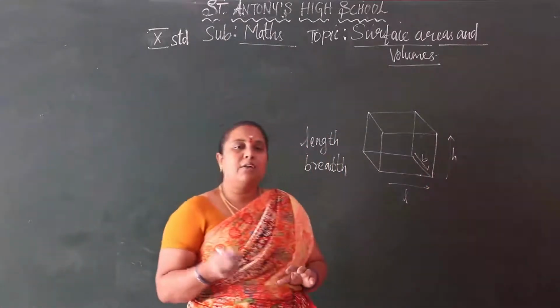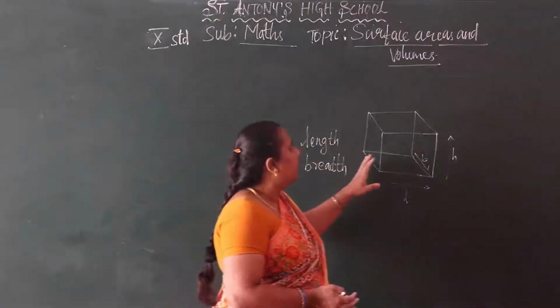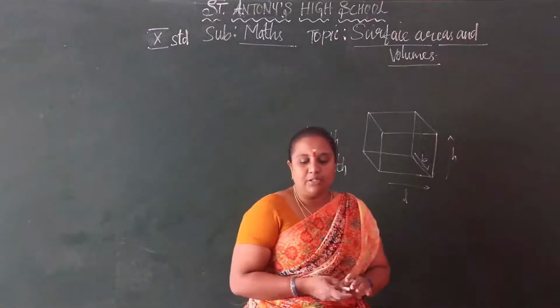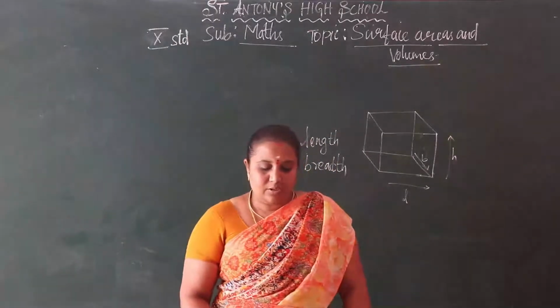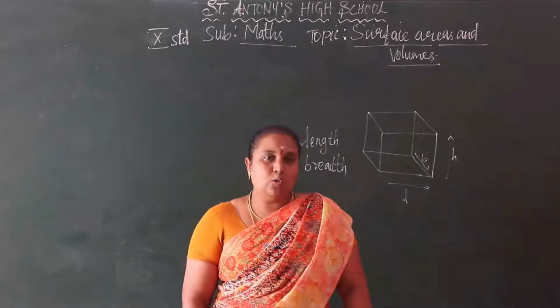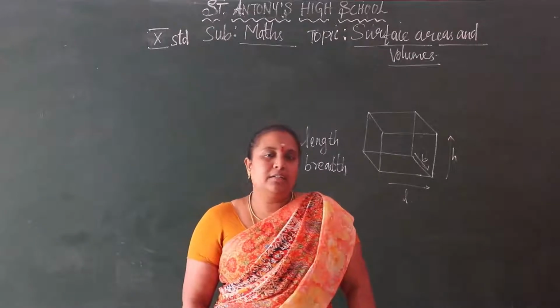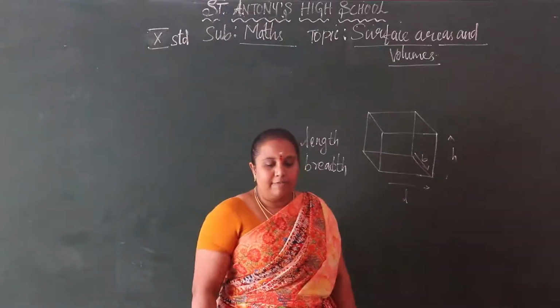So here we have three measurements to find the area and volumes of the three-dimensional figures. For example, the three-dimensional figures are cuboids, cubes, cones, cylinders and spheres. These are all three-dimensional figures.